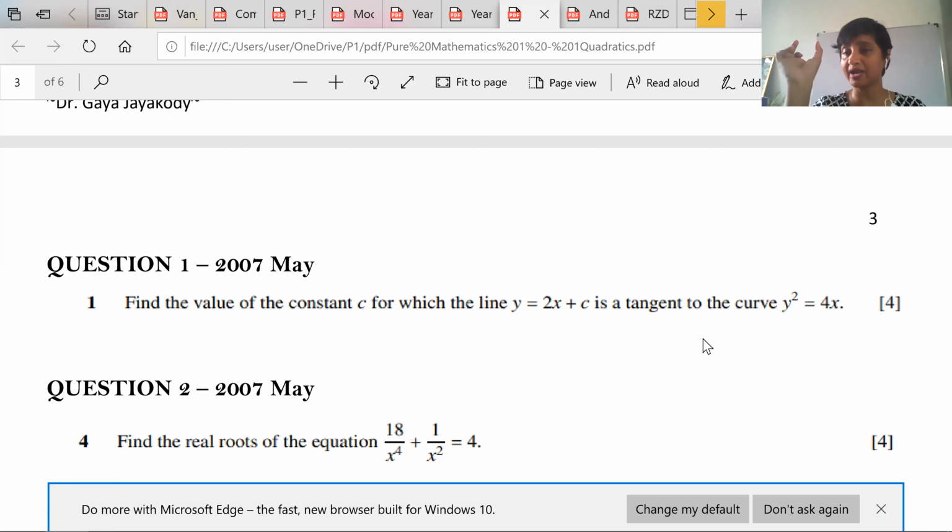Now, y squared equals 4x is a curve. Do we know by looking at the equation what kind of curve it is? Whether it's a parabola or a circle, those are the two that we know, or that it is some other shape? Are you able to recognize? Is it a parabola?